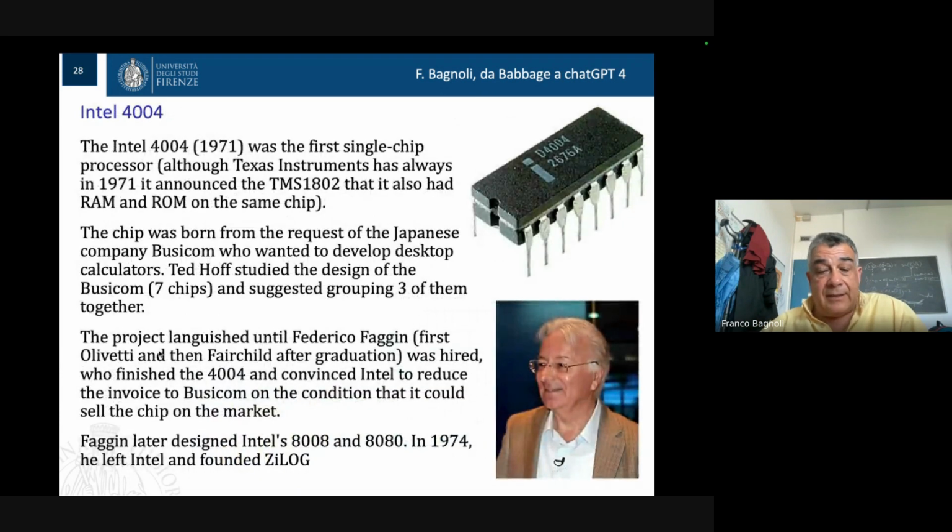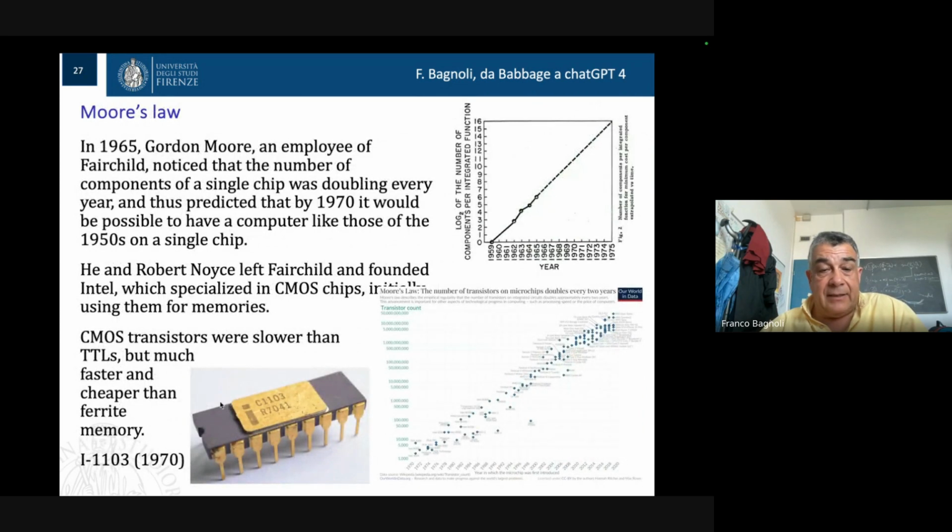The idea is that you can have slower devices, much slower than TTL, but you could shrink some hundreds or thousands of bits inside a single chip, while the alternative was to use ferrite memory, which was extremely more expensive and slower than this.